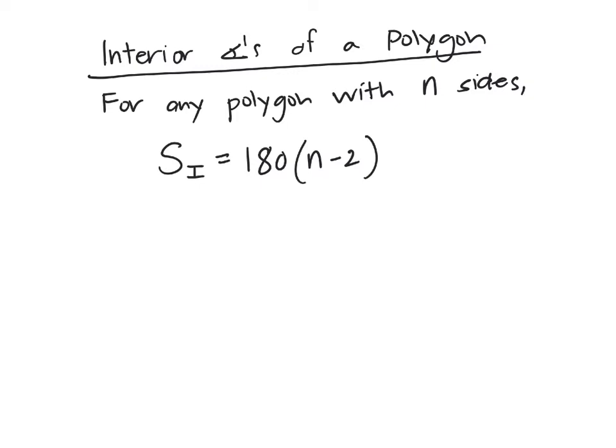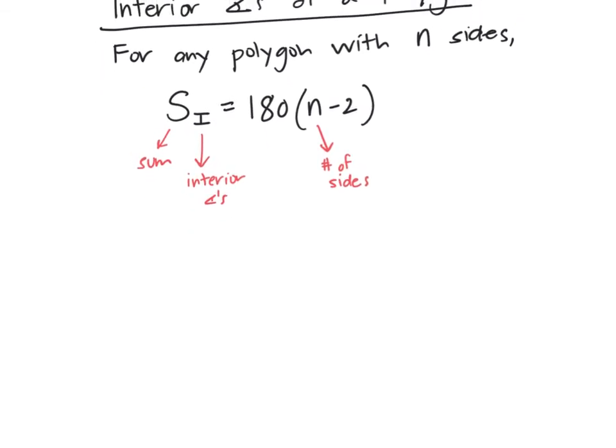So this stands for the sum of the interior angles, so the sum of all of the angles inside of a shape is 180 multiplied by n, so that's the number of sides, subtract 2. All right, so we'll do a couple examples using this formula.